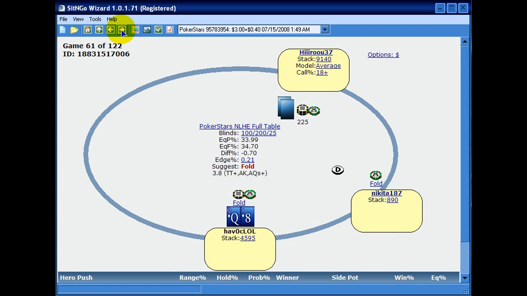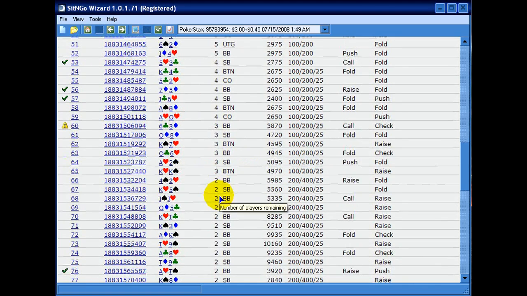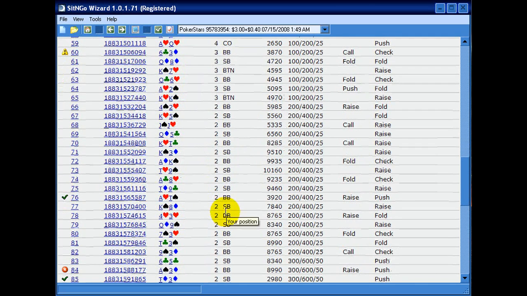And obviously here we have a lot of folds, and of course, Sit and Go Wizard doesn't tell us what happens if we did push and we ran into a better hand or something. And as you can see, my stack just steadily rose with some post-flop play and quite a bit of raising and not that many pushes.